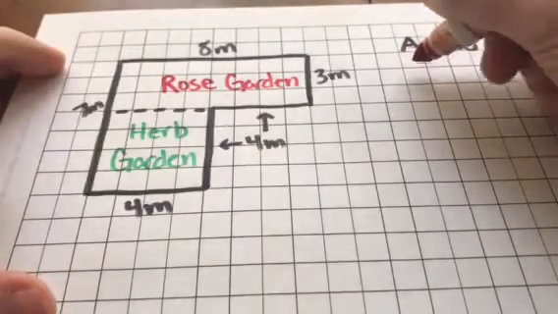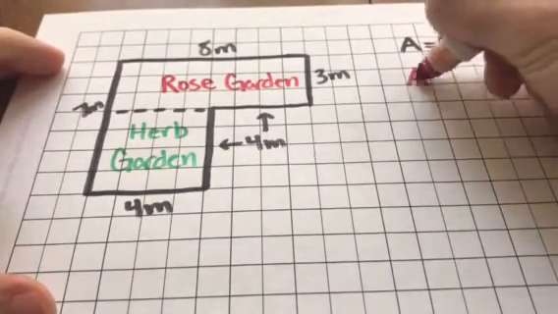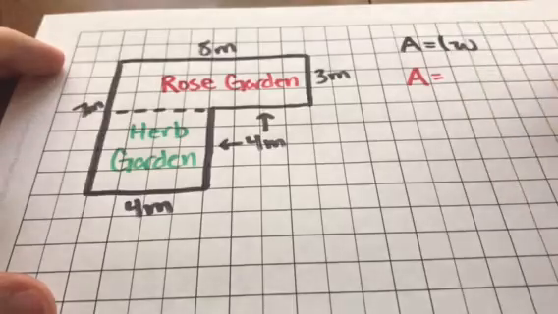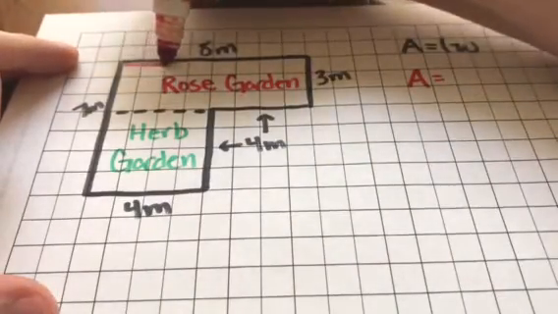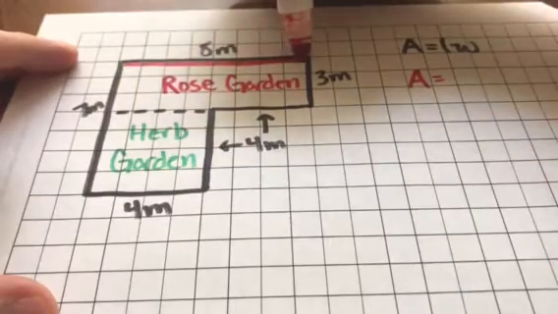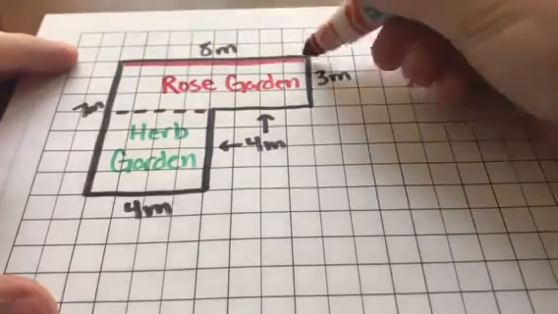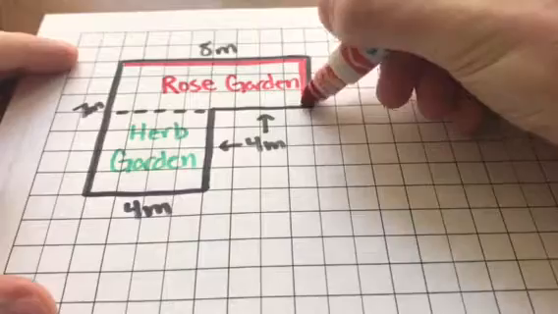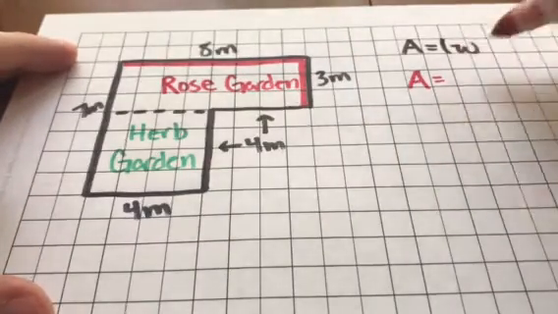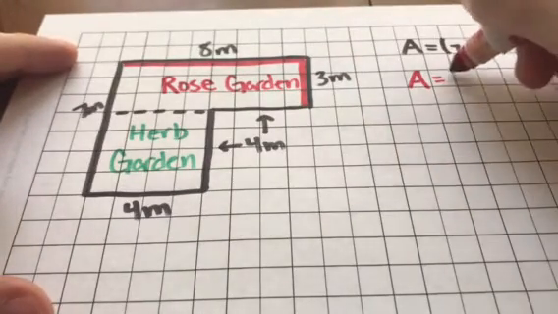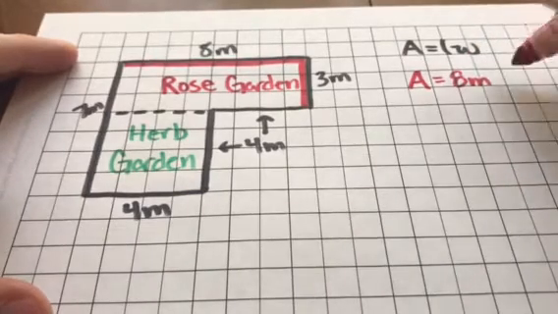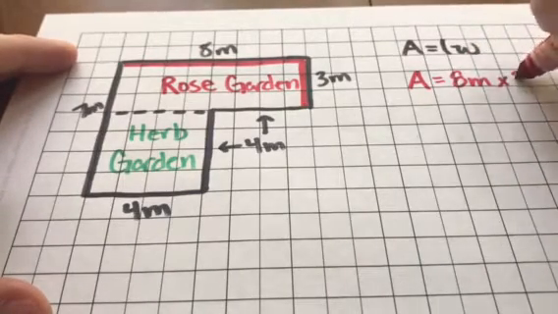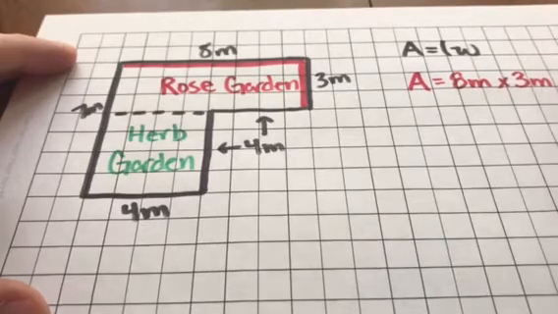So the area of the rose garden will be equal to the width times the length, or other way around. So 8 meters, don't forget your units, times 3 meters.